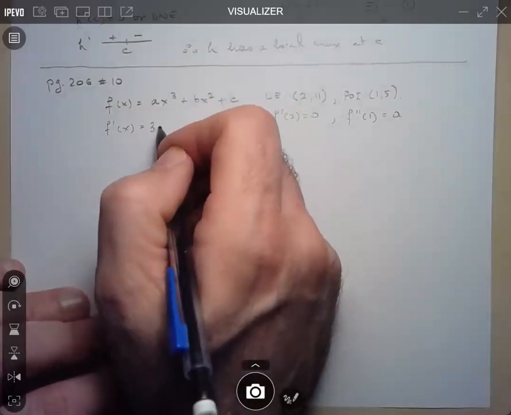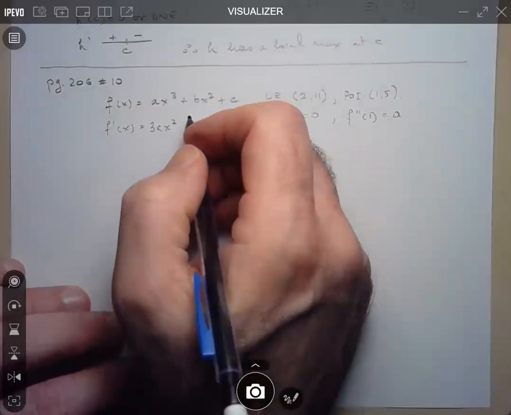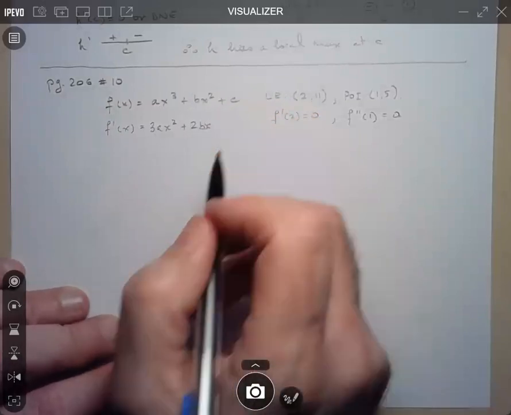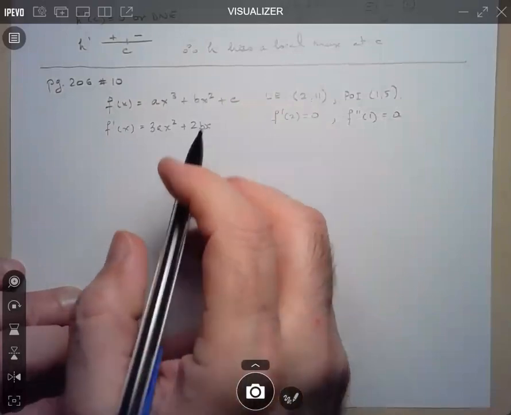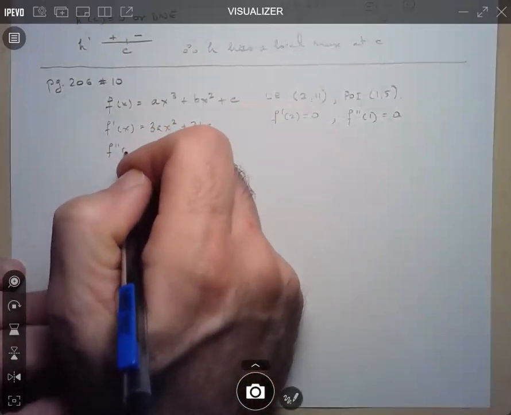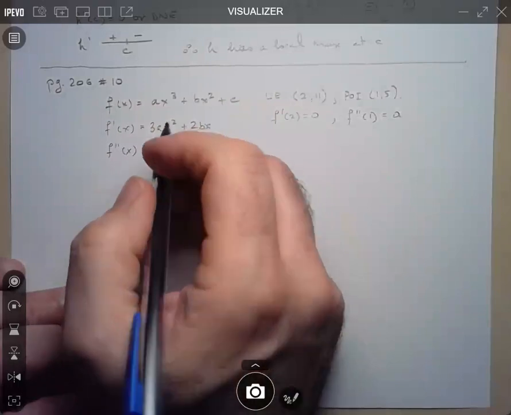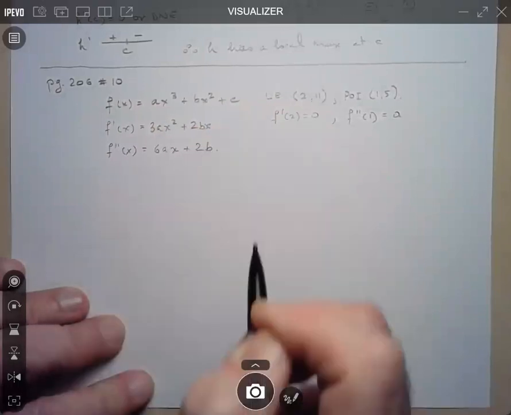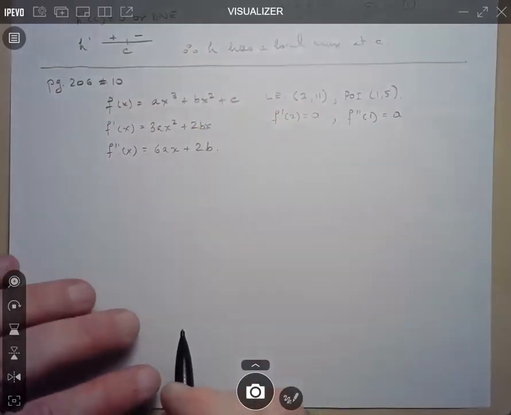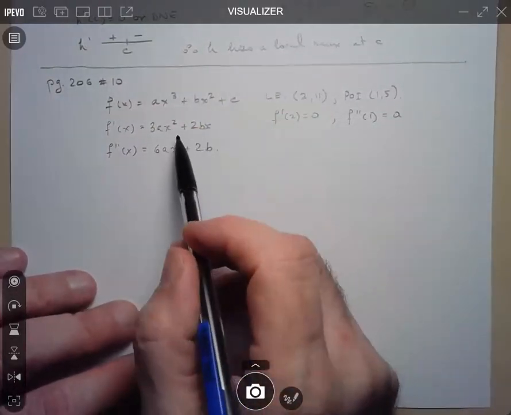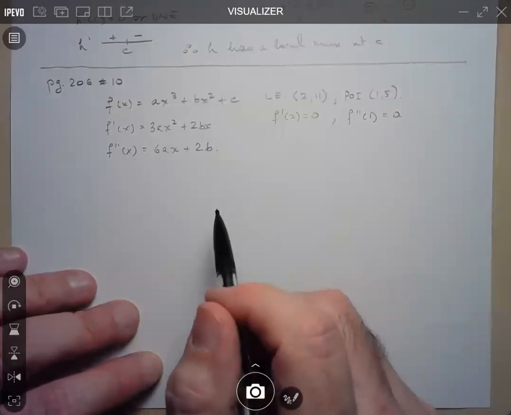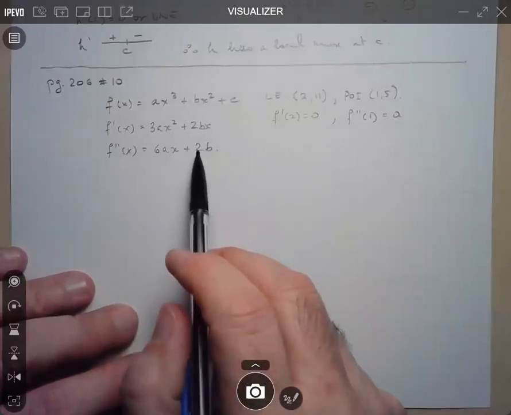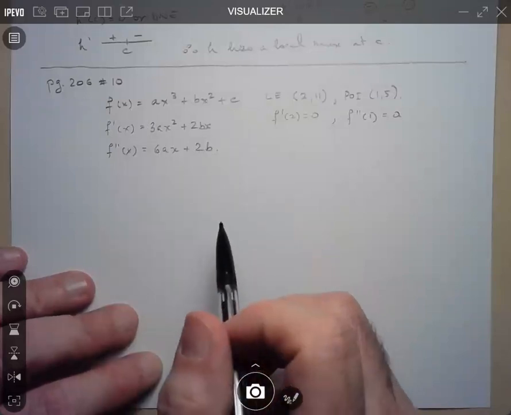So here we have 3ax squared plus 2bx, and then the c derivative is 0, and then the second derivative is going to be equal to 6ax plus 2b. Okay, so in the end, both derivative and second derivative are about as complex as the other, but I'll start with the second derivative since there's no squares involved.